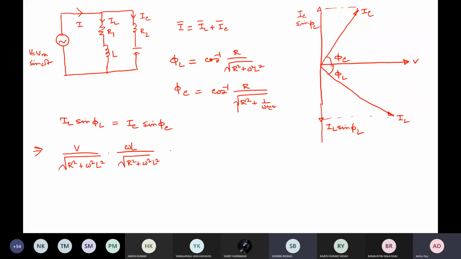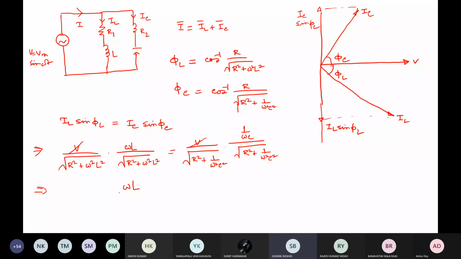And here this will be V by ZC, which is root over R square plus 1 by omega square C square, and sine phi C will be 1 by omega C into root over ZC, which is R square plus 1 by omega square C square. So V will cancel out and we are left with what? Omega L by R square. This is R1, my mistake.